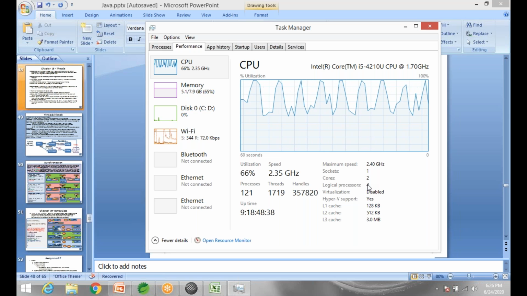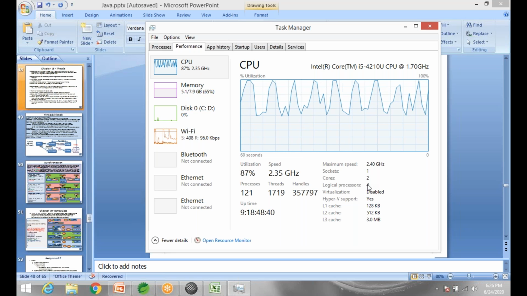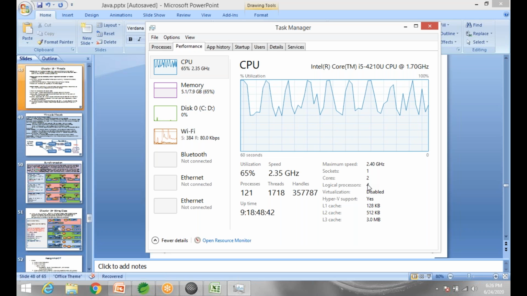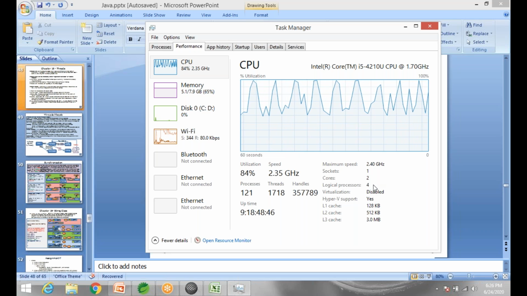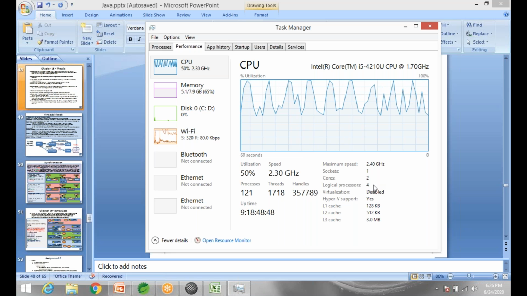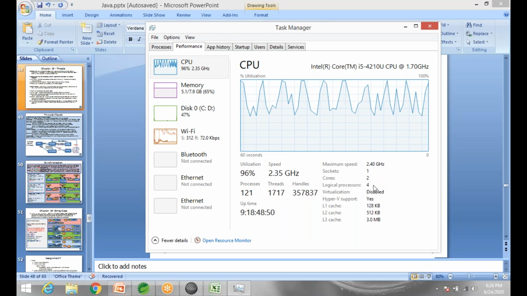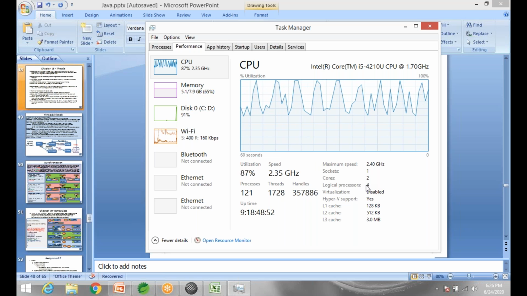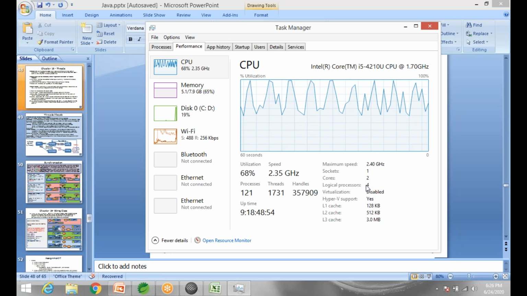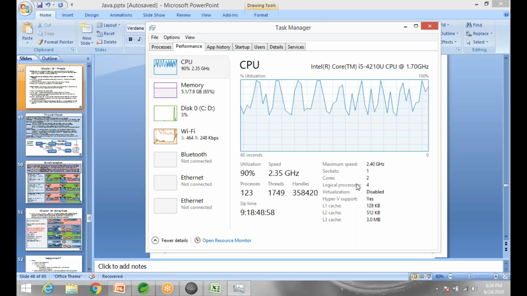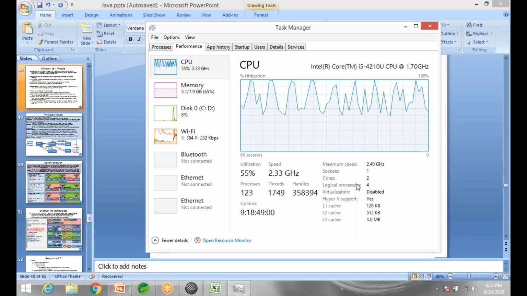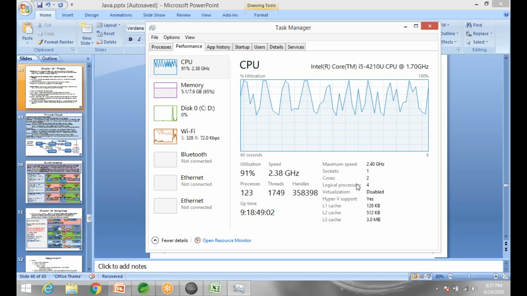So on my machine, what would be truly multitasking? If I'm running 2 jobs on my machine, is that multitasking? Remember, I have 4 CPUs, or in other words, 4 brains processing information. No, it's not, right?